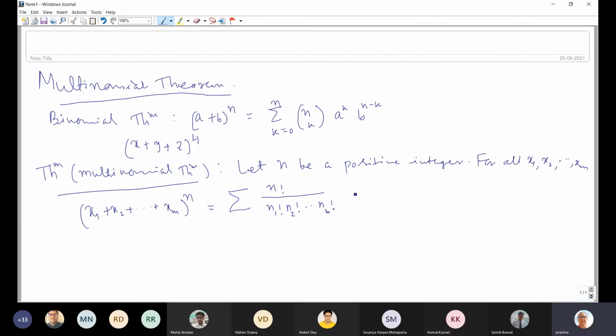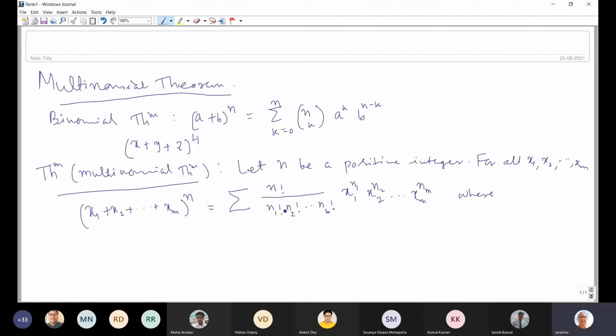And here we have x1 to the power n1, x2 to the power n2, and xm to the power nm.